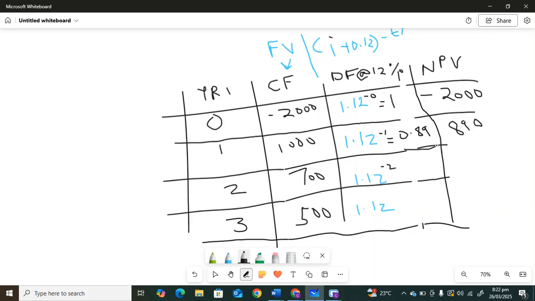Okay, then we go to year 2. Year 2, 1.12 to the power negative 2, 0.79. I'm just rounding off to 2 decimal places. 700 times 0.79 is 553.